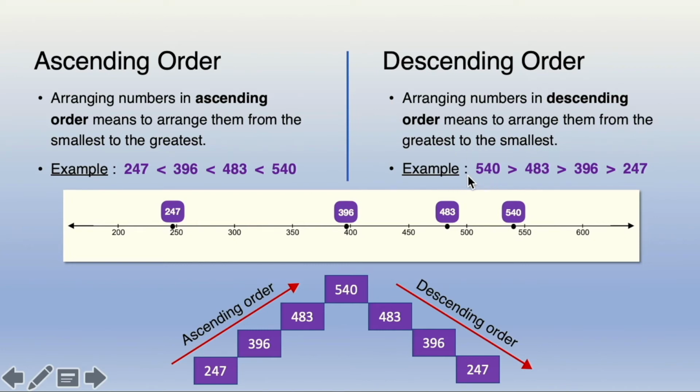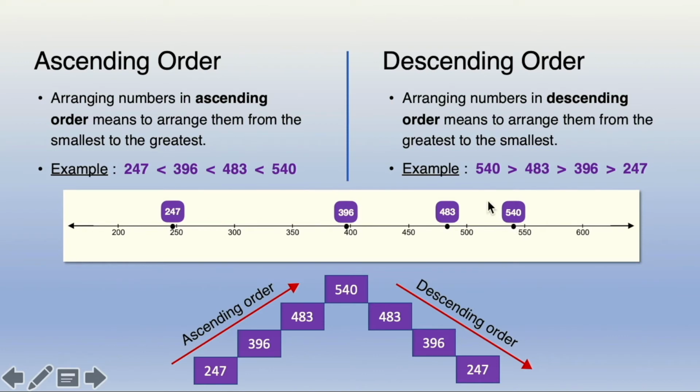Now, arranging numbers in descending order means to arrange them from the greatest to the smallest value. Over here we have the same set of 4 numbers and we have arranged them in the descending order, with the first number being the number which has the greatest value. Then the values go on decreasing, and this is the number with the least value. Along the number line, when we are arranging numbers in descending order, we are moving from right to left.